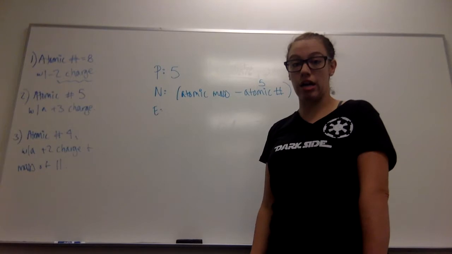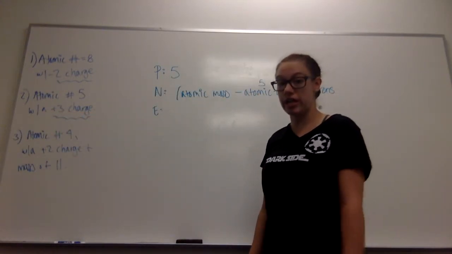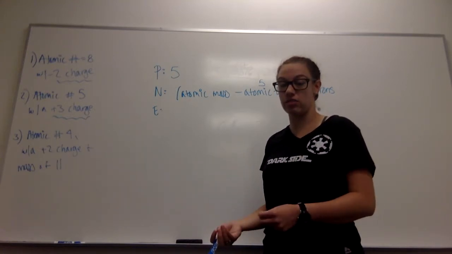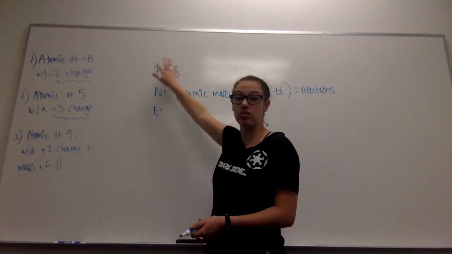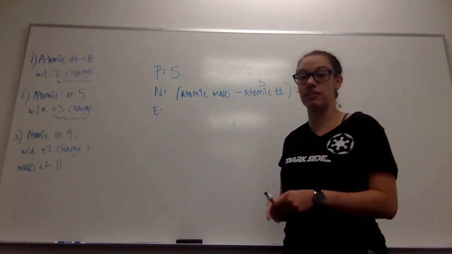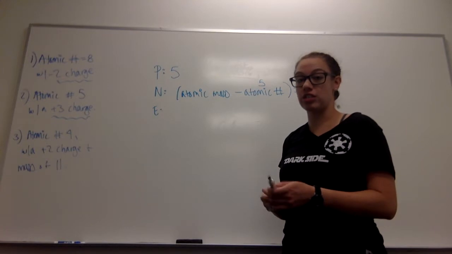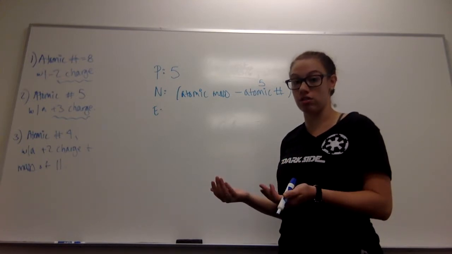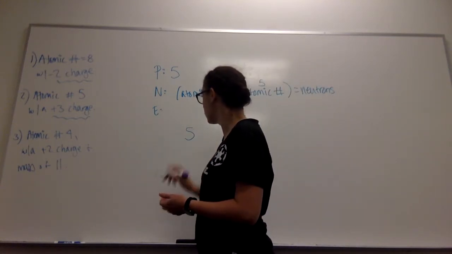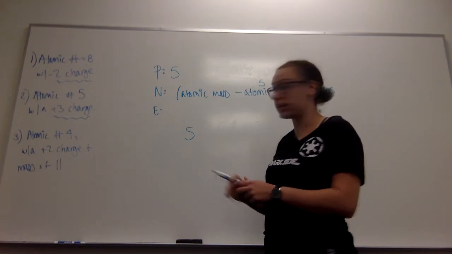And then your electrons, we have a +3 charge. So +3, we need to take away negatives, right? We can't do anything to the protons because then we get a different atomic number. We get a different element, and we still have the same element. So here, we actually need to figure out a +3 charge, okay? So protons are 5, right? That means we need 3 less electrons.